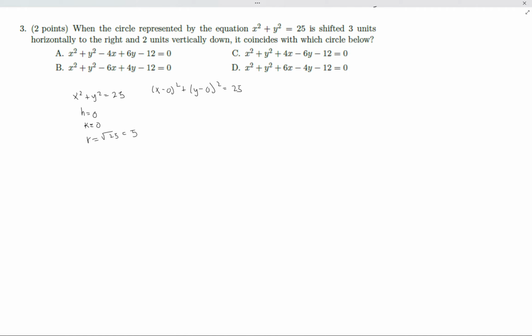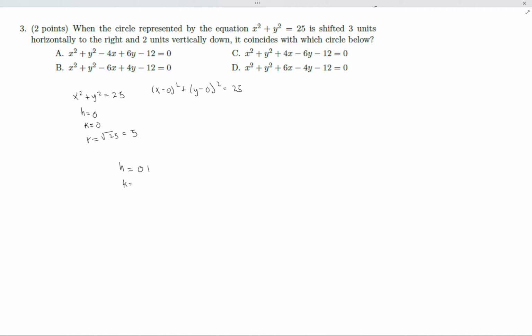In this case, let's examine this one. So we want the center to be moved 3 units horizontally. So let's have this new center represented by h and k again. So our new center will be 3 units horizontally from the starting point. So again, we have 0 as our starting point, 3 units horizontally to the right. So that means that our x coordinate will go to the positive x-axis.